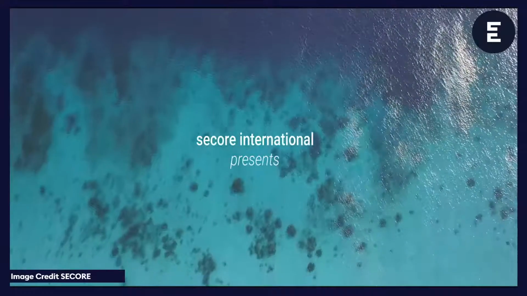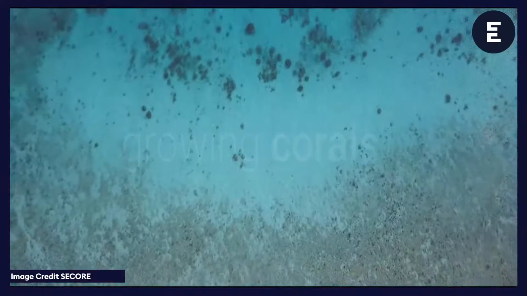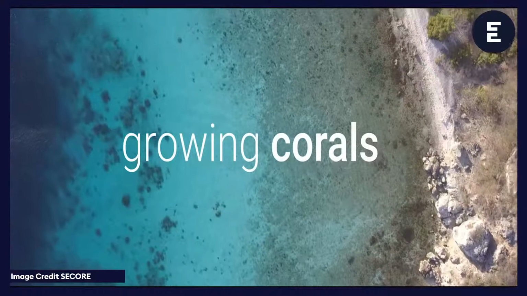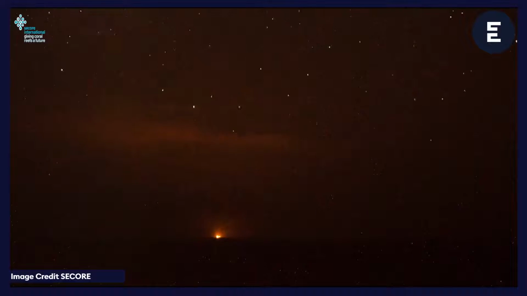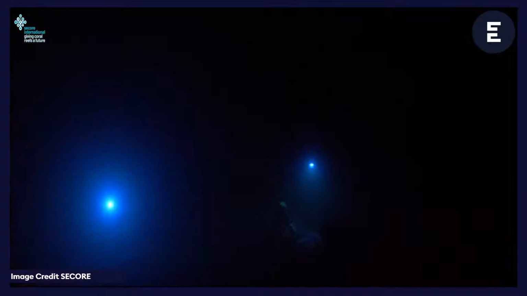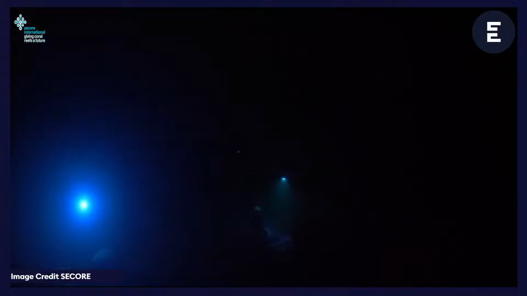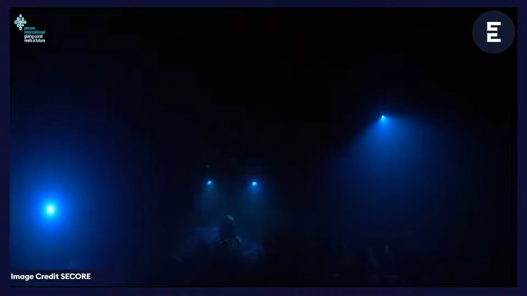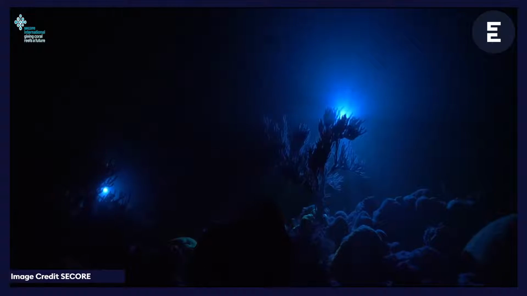And then we study those baby corals so that we can understand what they need to be healthy, grow, survive, and form the next generations on the reef. Eventually they are placed back on the reef, where hopefully they will continue growing and survive and help the recovery of coral reefs.